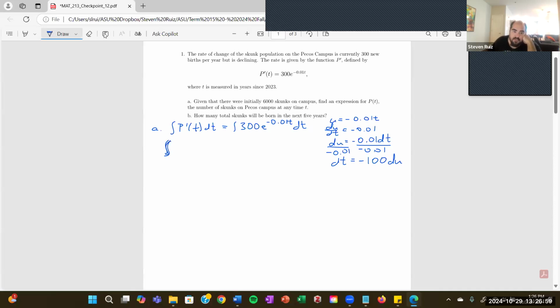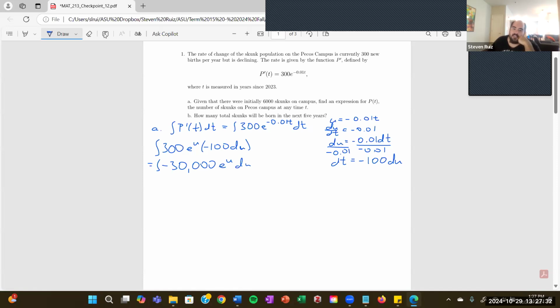Oh, there it goes. Lots of integral symbols. I only need one. So the integral of 300 times e to the u times dt, which is the same as negative 100 du, or negative 30,000 e to the u du.